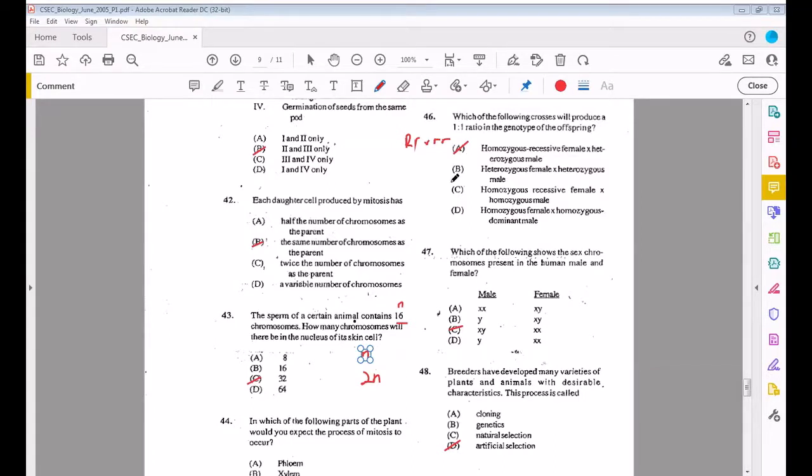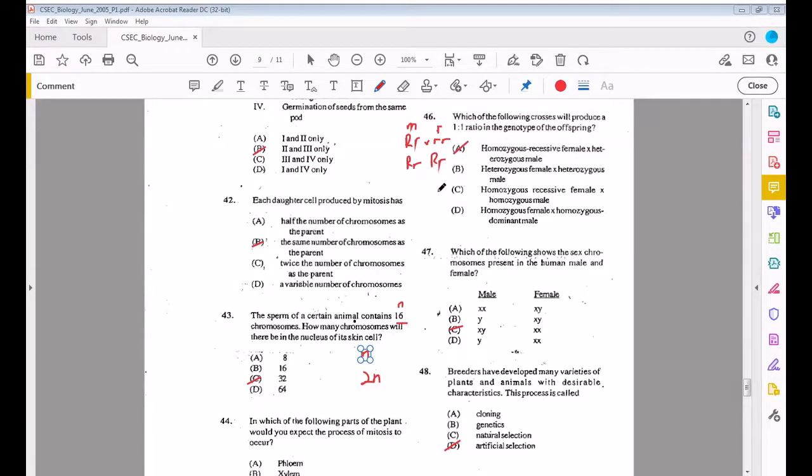The second one is saying heterozygous female. Well, I just mixed it up here, but this would be the female over here, and this would be the male. So now I'll just continue in the same manner. I'll put the male first. So we have a heterozygous male and a heterozygous female.